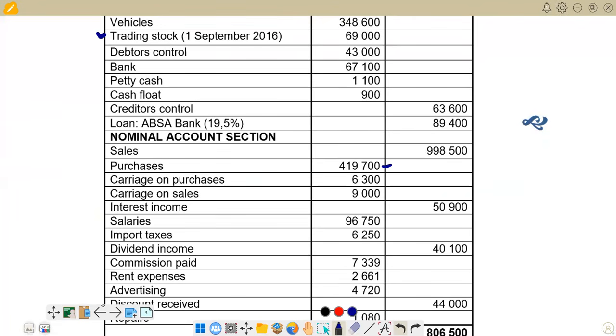Right, from purchases, we've got carriage on purchases. So these are part of transport costs. They increase the value of purchases. So we are going to put carriage on purchases on the debit side.